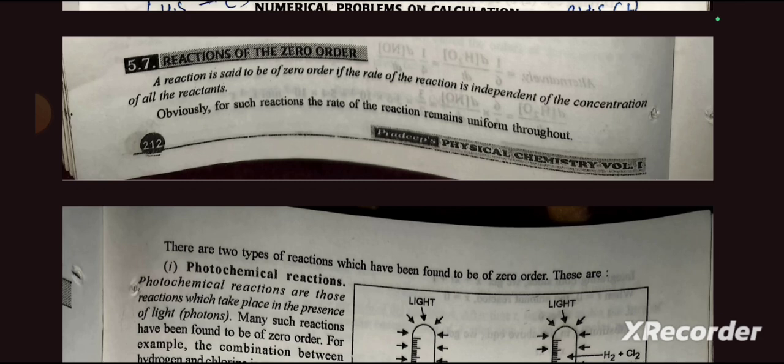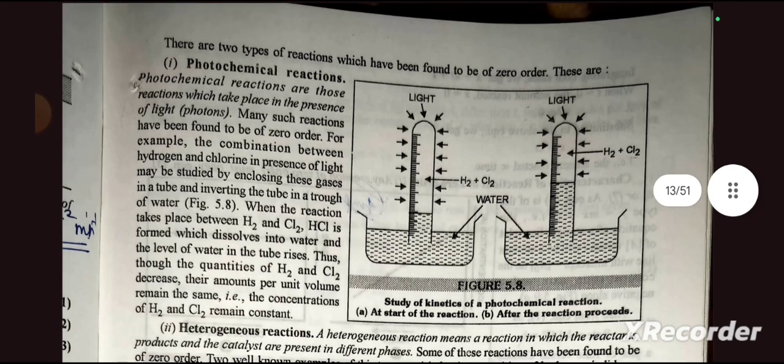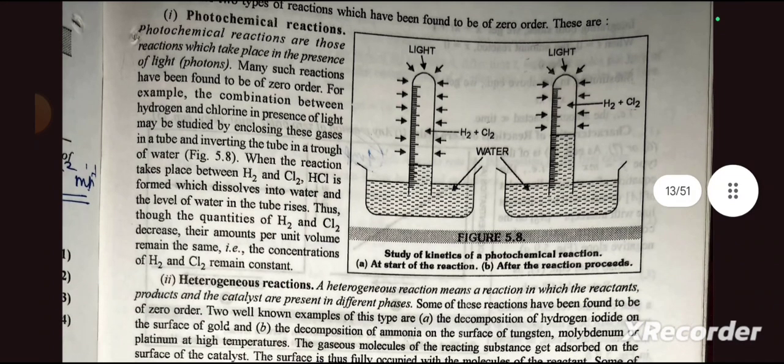Reaction of the zero order. A reaction is said to be zero order if the rate of reaction is independent of the concentration of all reactants. Obviously, for such reactions, the rate of reaction remains uniform throughout. There are two types of reactions which may be found to be zero order. First, photochemical reactions.